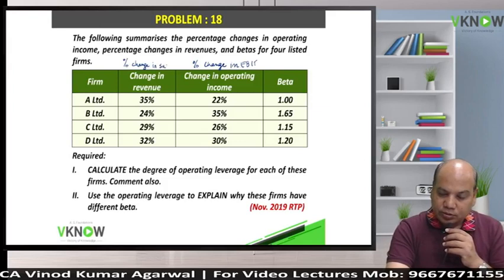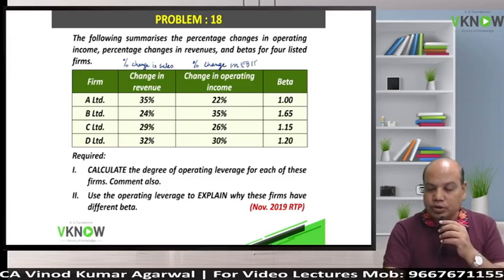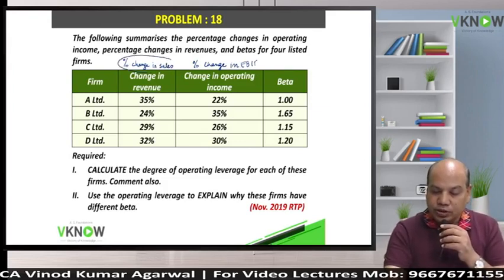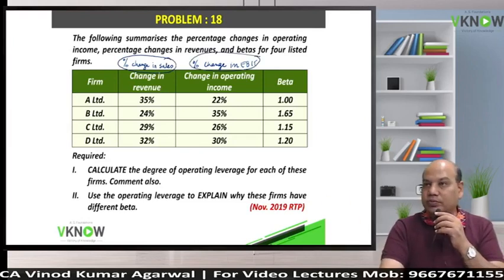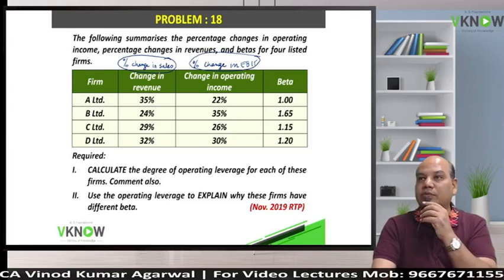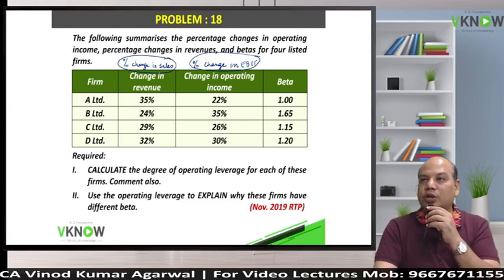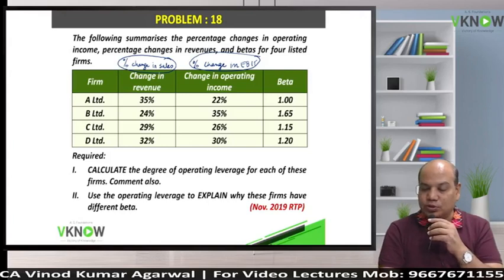So tell me which ratio deals with percentage change in sales and percentage change in EBIT. Operating leverage. And what is the formula for operating leverage when you are given percentage change in EBIT and percentage change in sales? Percentage change in EBIT upon percentage change in sales. So if you know that, then you see a bonus, 2 marks bonus.